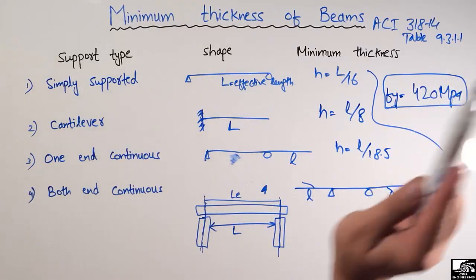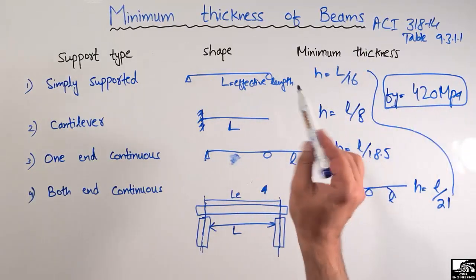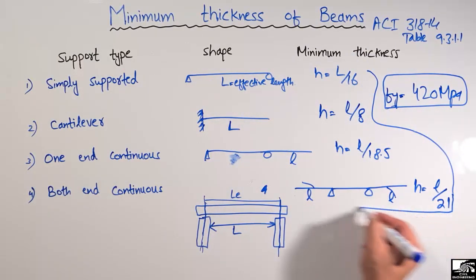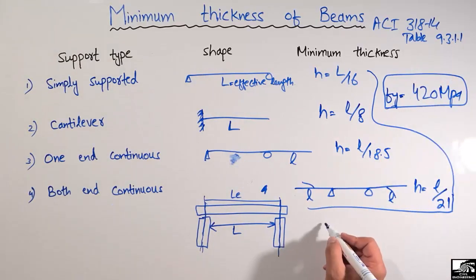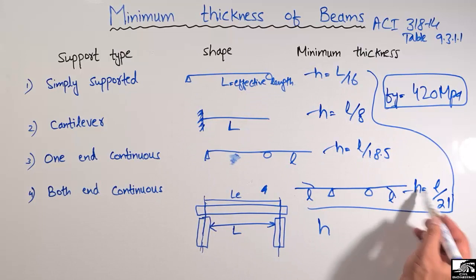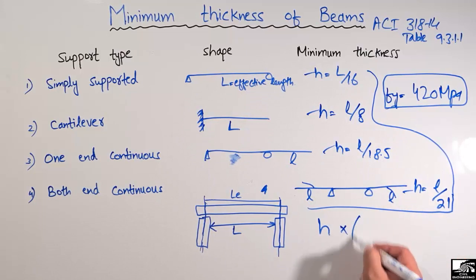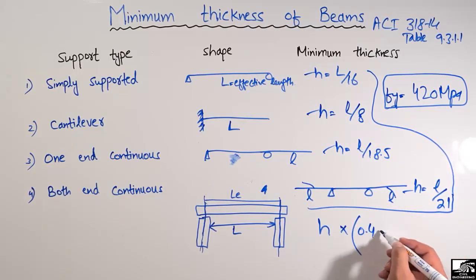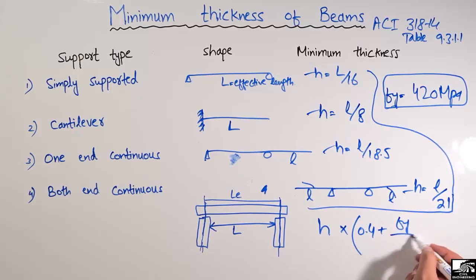When it is other than 420 megapascal, then you should multiply all these H values with 0.4 plus Fy divided by 700.